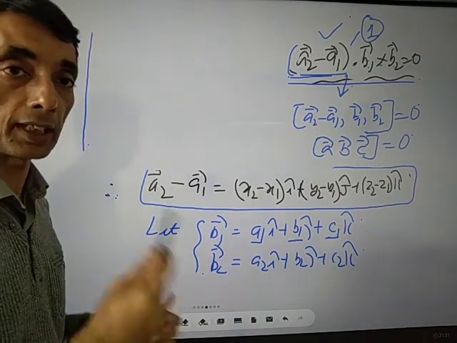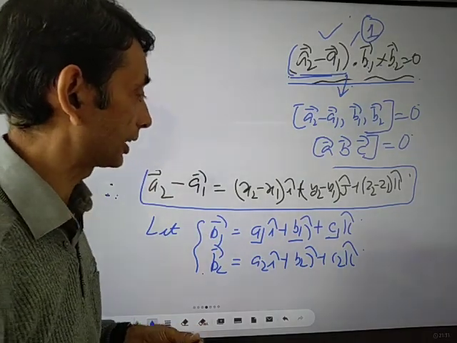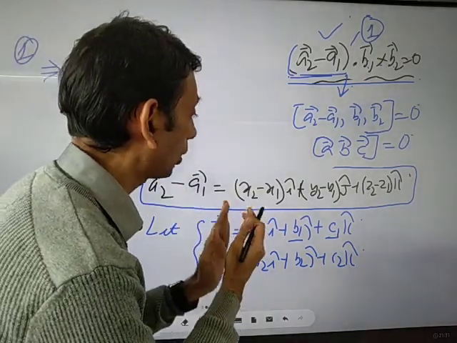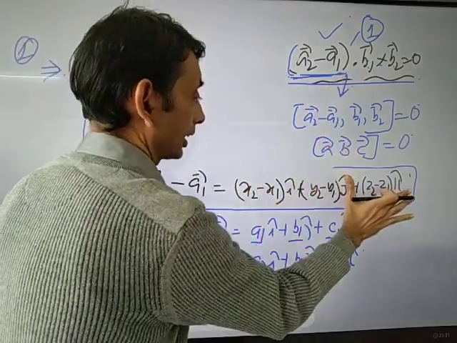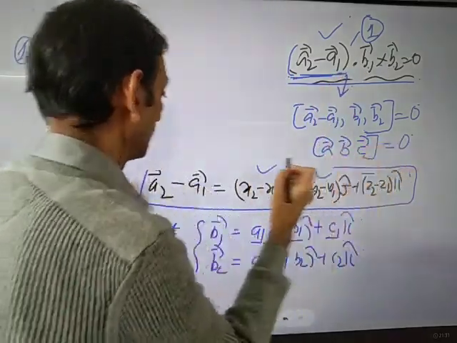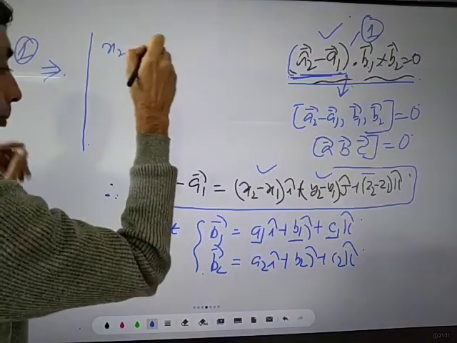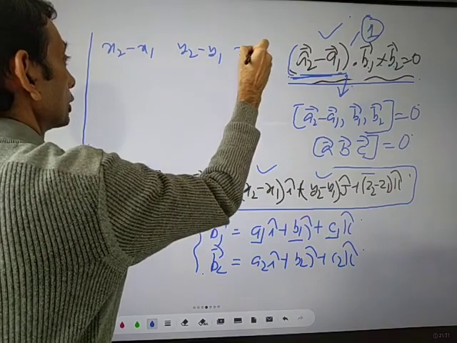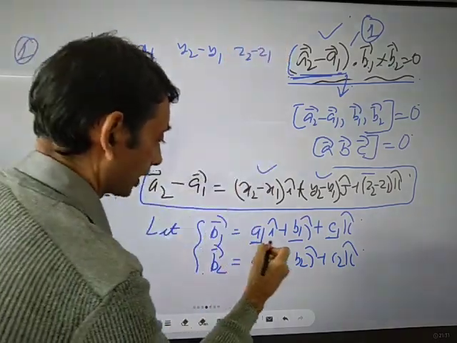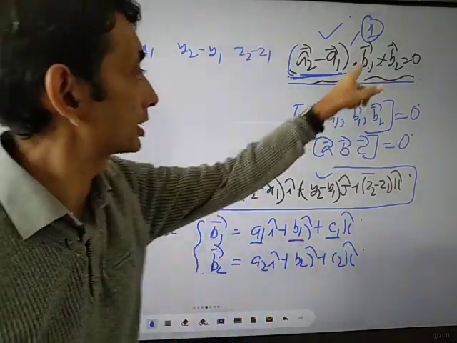Right? So while writing in the form of determinant, what you need to write is all the x, y, z components. First, this is the first vector. So what are the x, y, z components? These are the x, y, z components. So the first row will be x2 minus x1, y2 minus y1, z2 minus z1. And what is the scalar component for the second vector, which is B1?